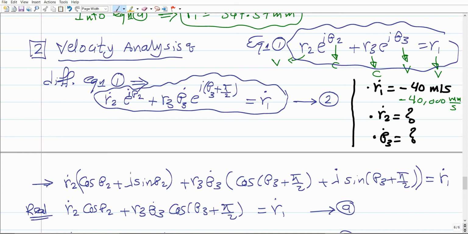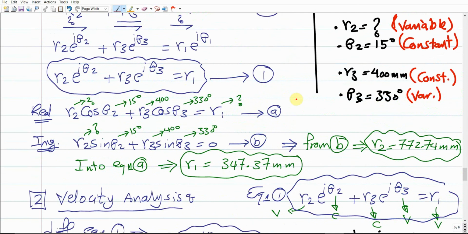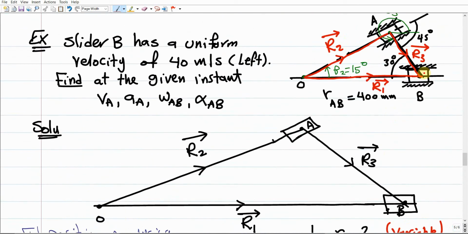R1 dot indicates the sliding velocity of the slider B. And as mentioned here, slider B has a uniform velocity. What does a uniform velocity mean? It means that the sliding velocity of slider B is constant. So r1 dot is constant, which means that r1 double dot will be 0. There is no derivative for a constant value.